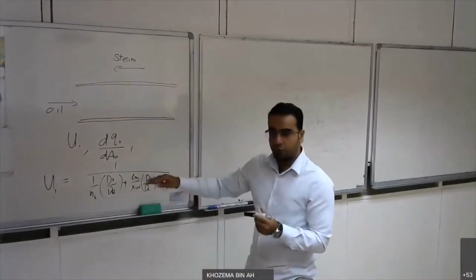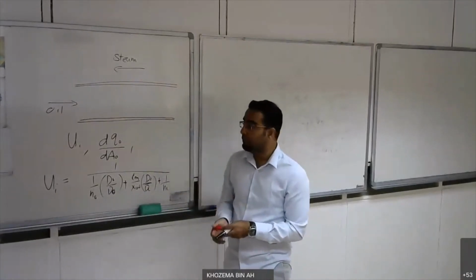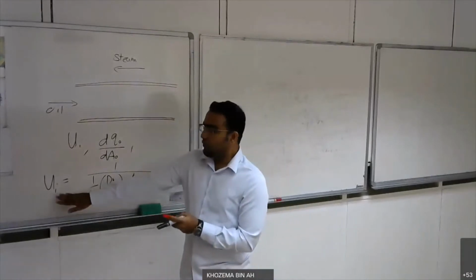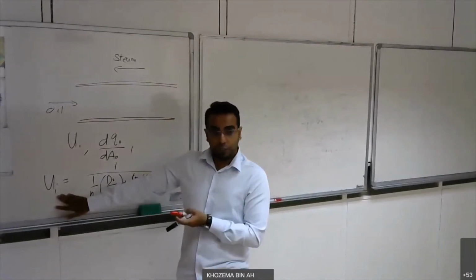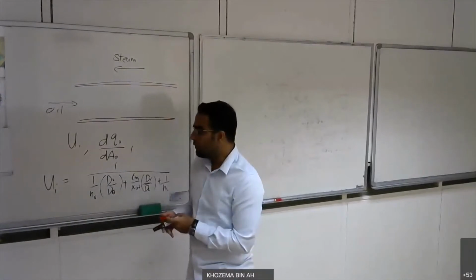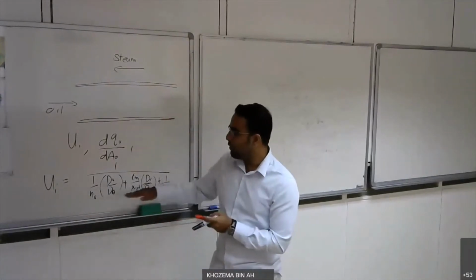Something like that. I'm not really sure because I also don't remember the equation. But if you want to find the value of Ui, you have to know all this.